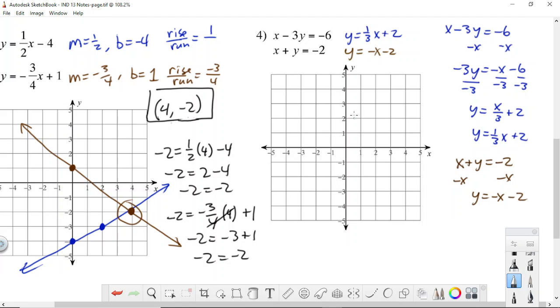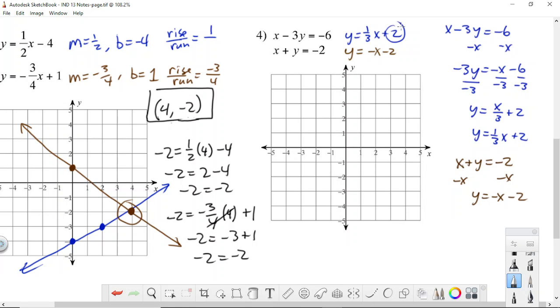So the first one, going with the blue, I won't write the slope and intercept separately this time. We'll just look at it, right? And we can pick it up right from the equation itself.